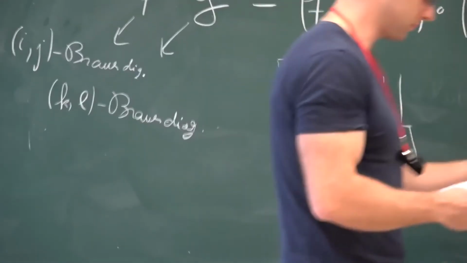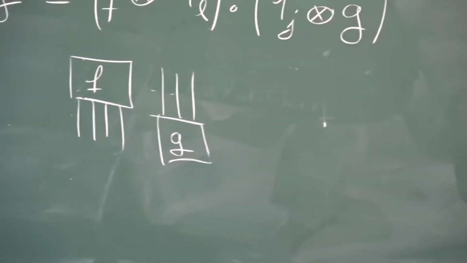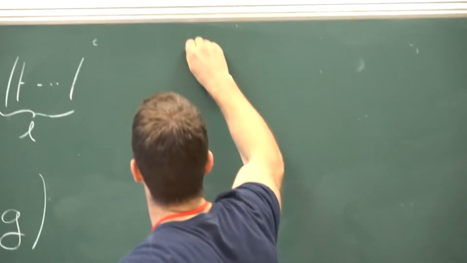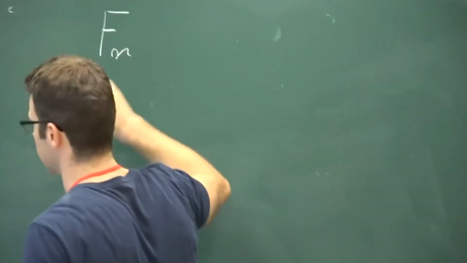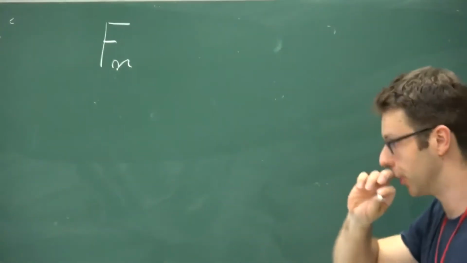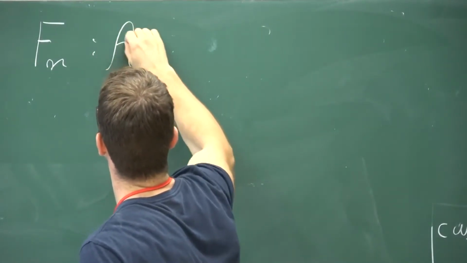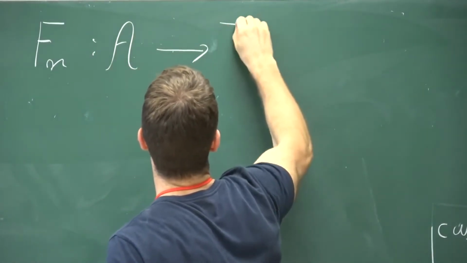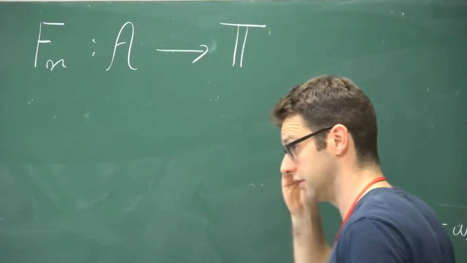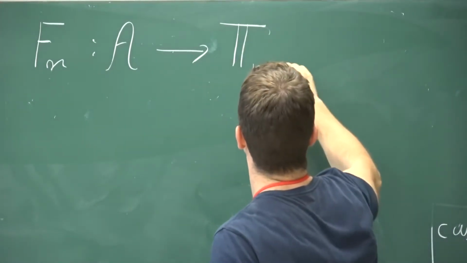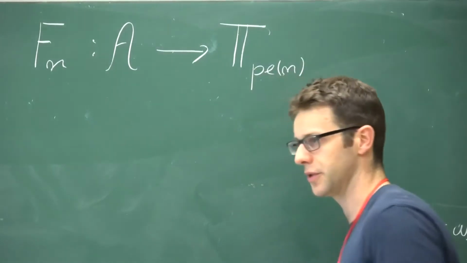Then it's possible to specify what this functor is, I've already mentioned. But I think it should be more or less clear now. So the functor from the paraplectic Brauer category to the category of tensor powers of the natural module over the paraplectic Lie superalgebra.